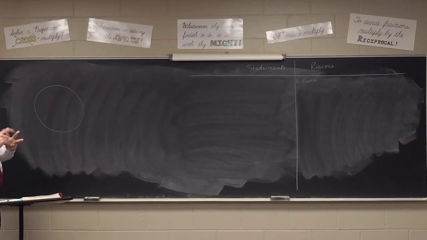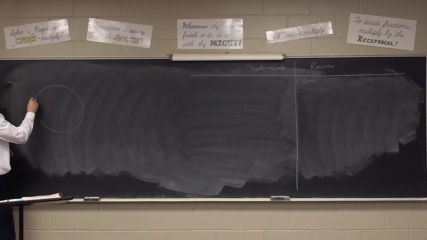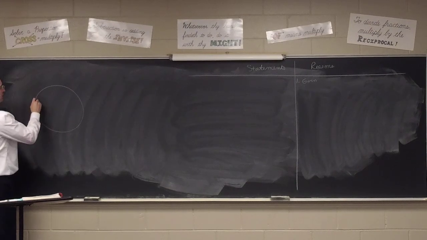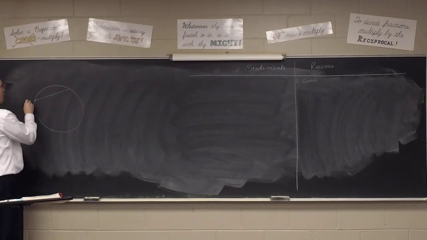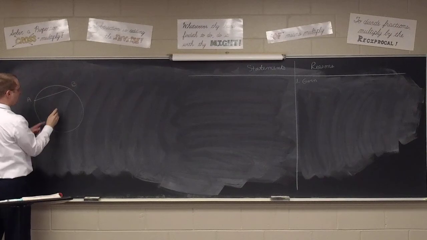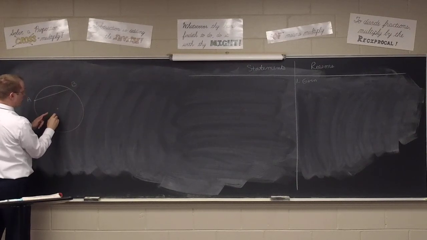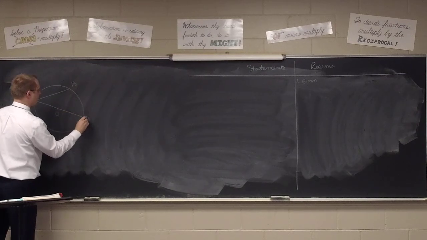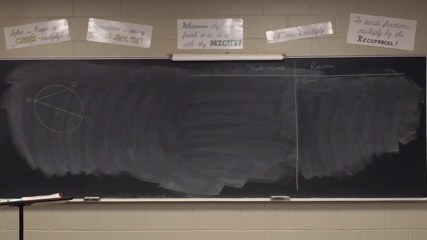We've got a chord AB and we've got a diameter AD, and notice they both use the letter A, which means they both start from the same point. So pick a point on your circle, or badly deformed egg as I've drawn it. We're going to have some chord, which we'll call AB, and then you're going to have to guesstimate the center. I'm going to call it O, and you're going to need to draw a diameter AD. You see what we've got going here? We've got a chord, we've got a diameter.